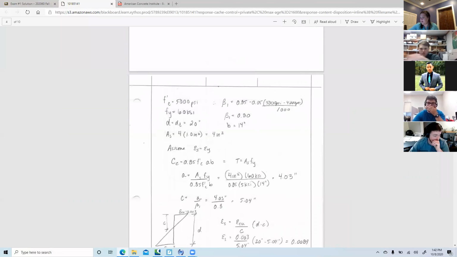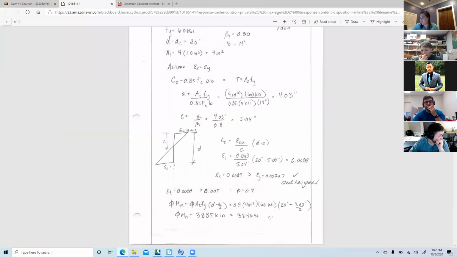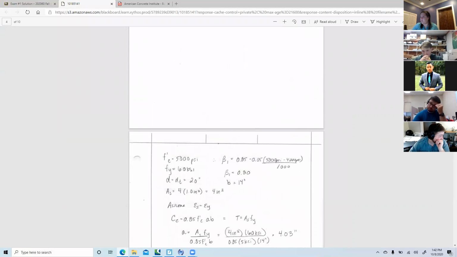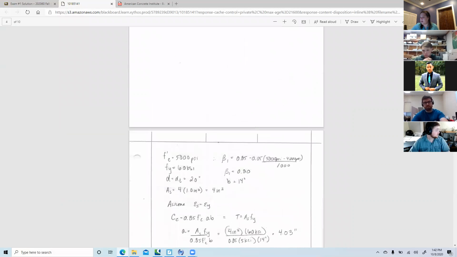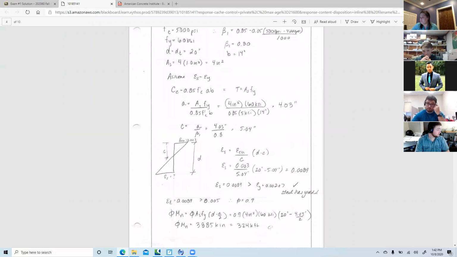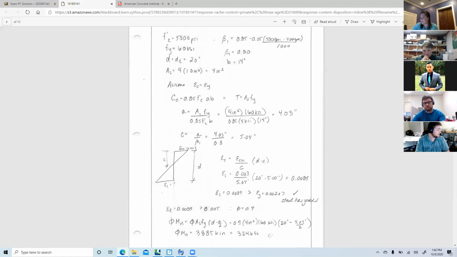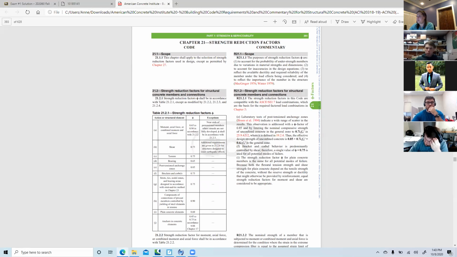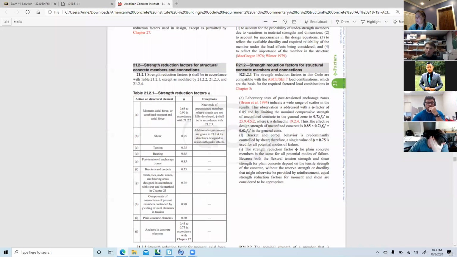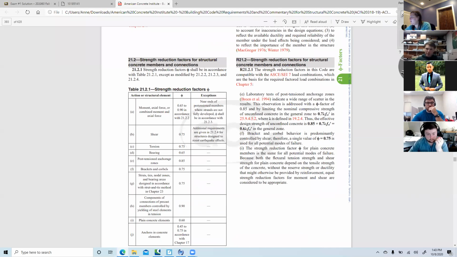Another issue I found was on the first problem, where we have to calculate the nominal moment, Mn. Several people used the transition equation to calculate phi. I want to go over the section on phi, the strength reduction factor. We're calculating the strength for a moment, right?